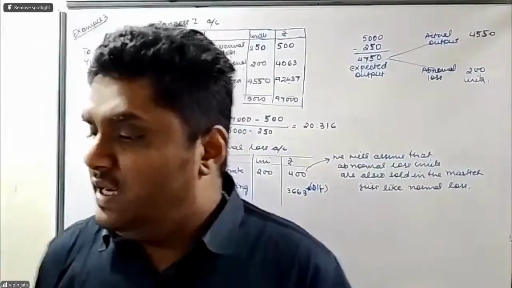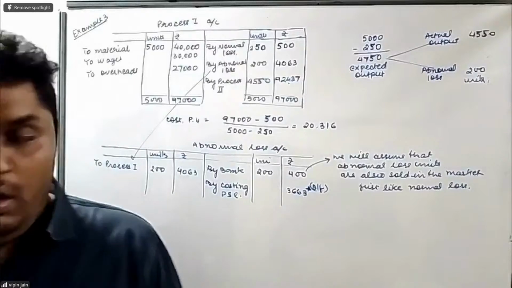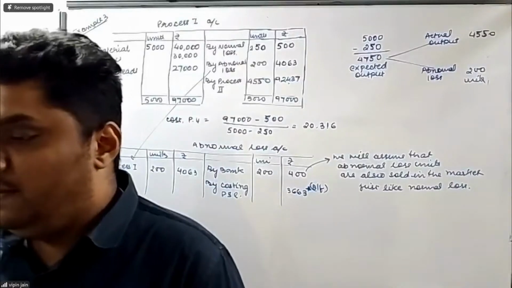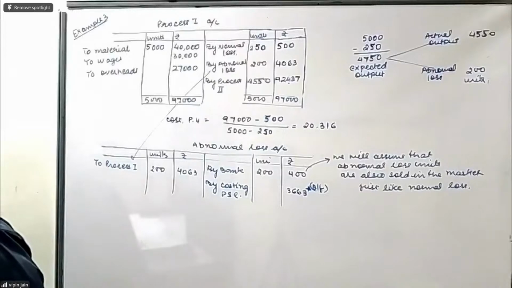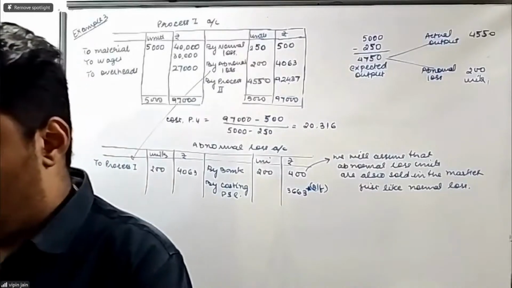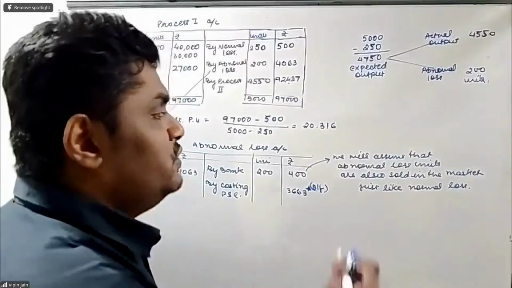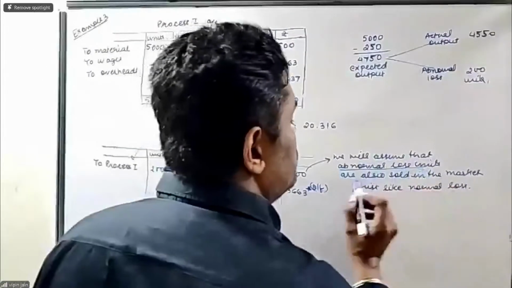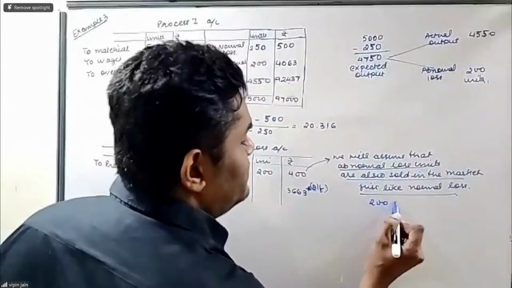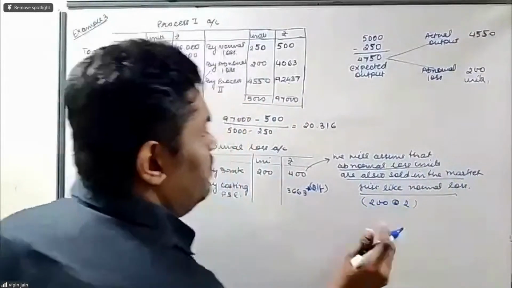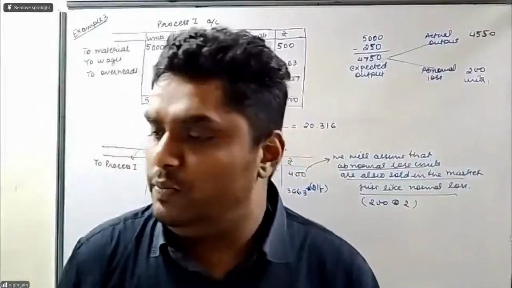If you guys have any doubts in this part, you guys can please post your query. Those who want to copy the solution can please copy. I've written that we will assume that abnormal units are also sold in the market just like normal loss. So 200 units are sold at the rate rupees 2 per unit, because the scrap value realized on sale of normal loss is also rupees 2 per unit.